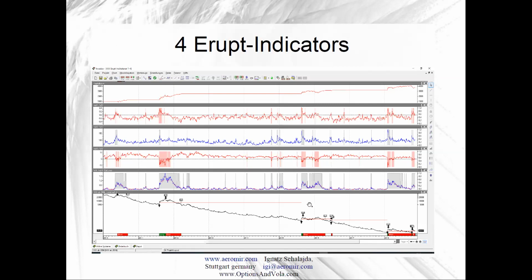So this is the situation at the moment. This was February, and in June I installed the new system. And here you see I had a long signal in VXX, which means I buy calls. And then I switched to puts again.